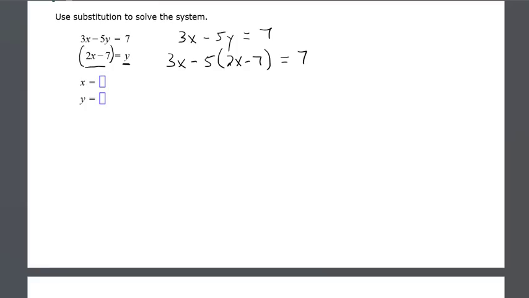So now we're going to solve this like we normally do. We're going to start with the distributive property on the left-hand side. Negative 5 times 2x is negative 10x. Negative 5 times negative 7 is positive 35. And then we're going to collect our like terms. 3x minus 10x is negative 7x.